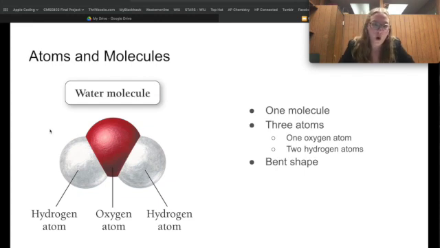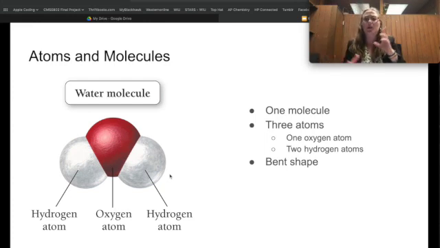So this is one whole water molecule, but it's got 3 atoms in it. It's got 1 oxygen atom and 2 hydrogen atoms, and they come together to make this bent shape for reasons we'll discuss soon. So once atoms come together, things kind of change a bit. It's a little bit different.